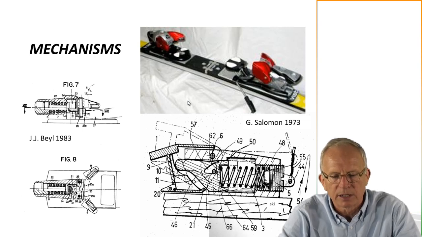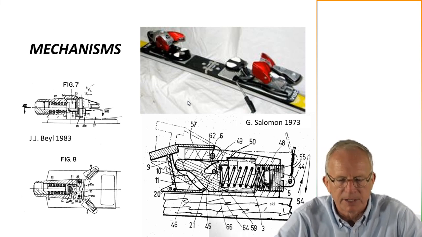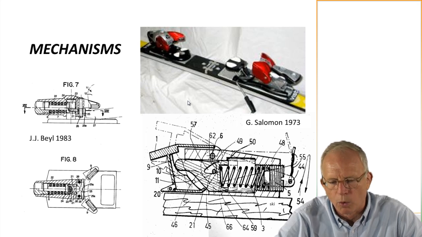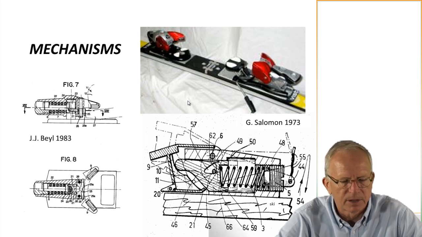So here's just a look at the kinds of mechanisms that are involved in a ski binding, and some examples from patents, even those patents that are going back 30 years or so, or more. The fundamentals of ski bindings have not changed significantly in some ways since then, particularly when it comes to moment transmission.